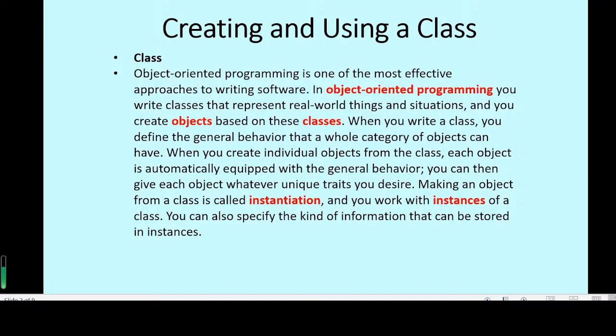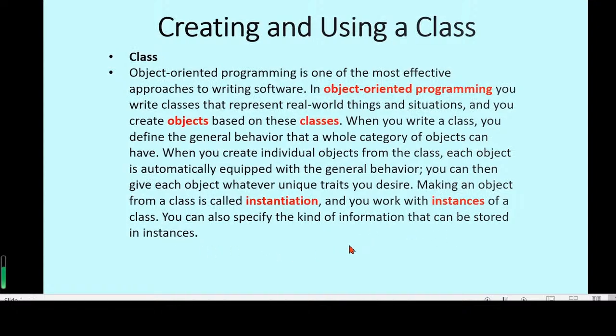And when you create individual objects from the class, each object is automatically equipped with the general behavior. You can then give each object whatever unique traits you desire. Making an object from a class is called instantiation, and you work with instances of a class. You can also specify the kind of information that can be stored in instances.